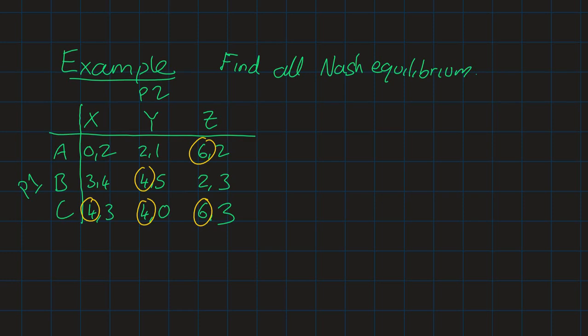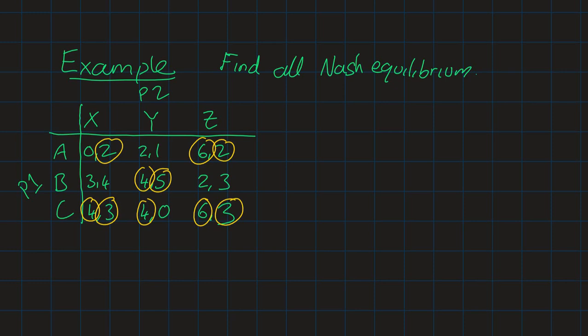So I'm considering this row here, but I'm only looking at the second numbers. So I'm going to circle the maximum, which is 2. Now I'm looking at this row. There's a 4, a 5 and a 3. The 5 is the maximum. Now I look at this row. There's a 3, a 0 and a 3. So 3 is the maximum, so I circle it.